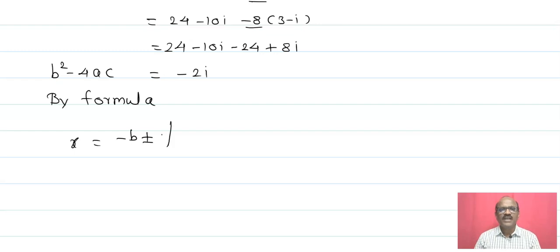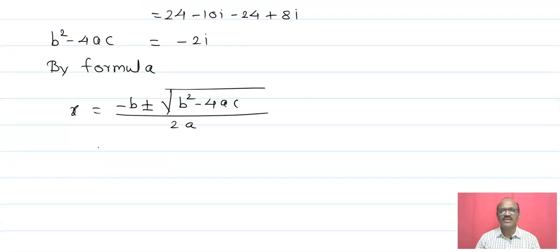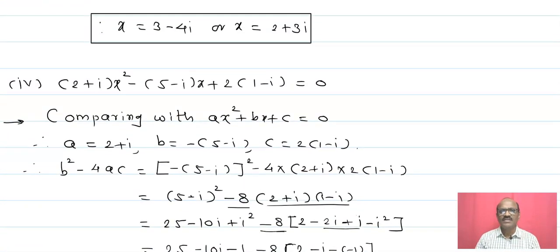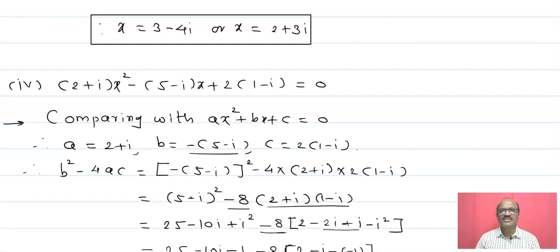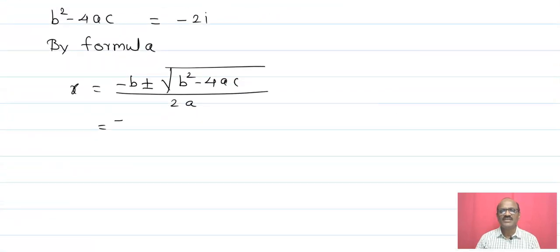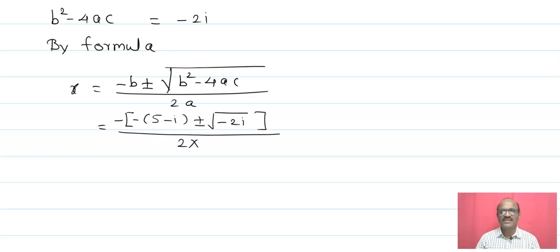Okay. By the formula, x is equals to minus b plus or minus in root of b square minus 4ac upon 2a. Therefore, the value of the b is minus in bracket 5 minus i. Therefore, I had written here properly. In the last example, it was written by mistake. We have corrected it also.